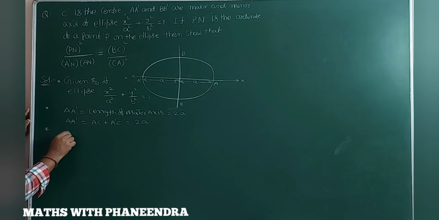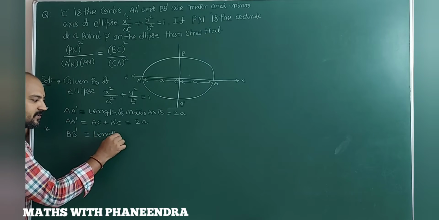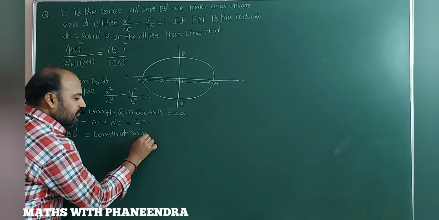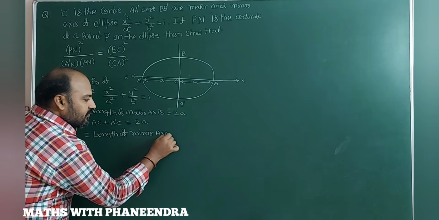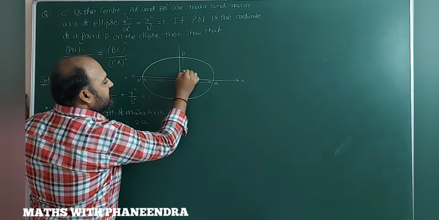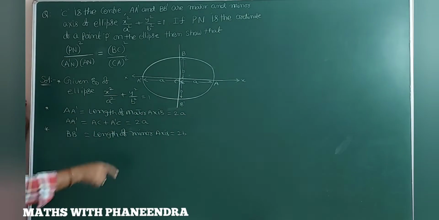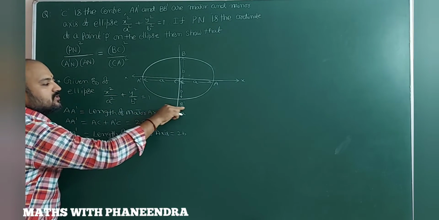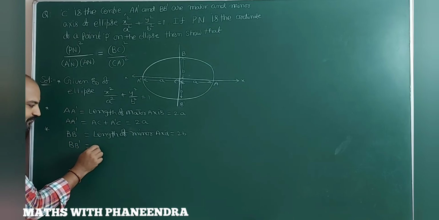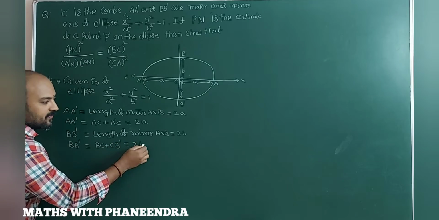Similarly, B dash B is equal to the length of the minor axis, that is equal to 2b. Even here, from here to here it is b, from here to here it is b. While writing the coordinates of the point, you can consider minus here, otherwise only plus. We are considering distance here. B dash B is equal to BC plus CB dash, equal to 2b.